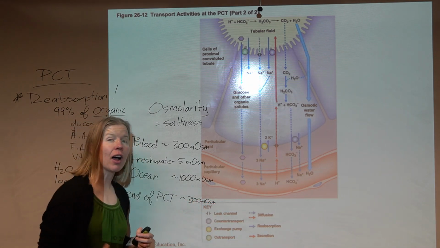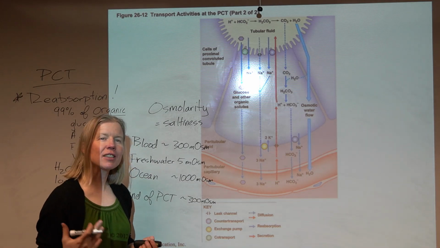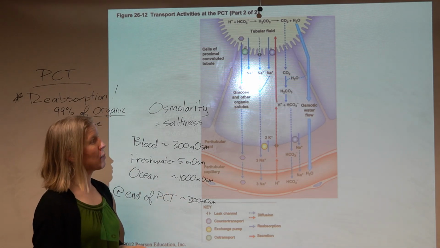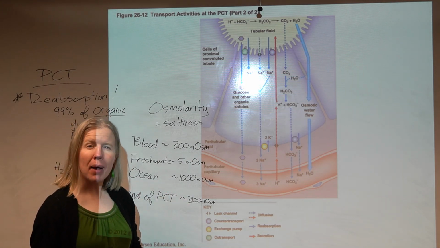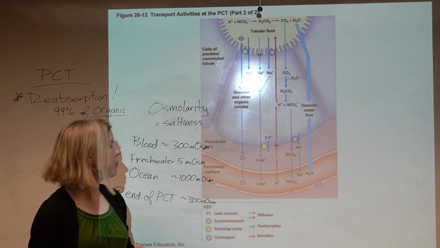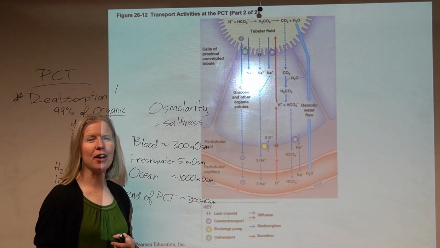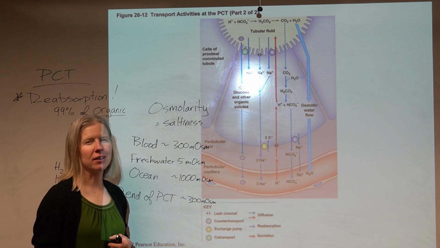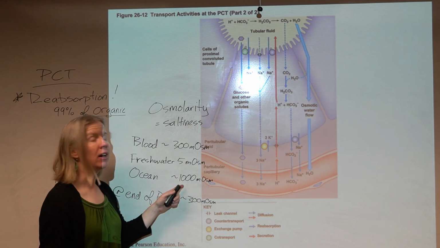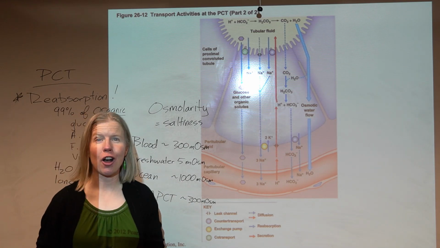We brought a lot of those salts back in. But here's the thing, if you want to make a concentrated urine, we haven't done that yet. That's going to happen in the rest of the tubules. For humans, about the most concentrated urine we can make is about 1,200 milliosmol, which is why you really can't drink ocean water. They talk about that dehydrating you even more because it's just so salty, and our kidneys can't really concentrate much higher than that. Okay, so we're going to head off to the nephron loop.